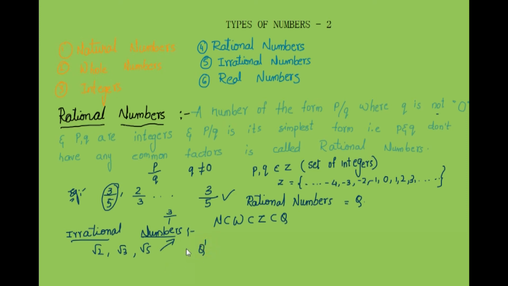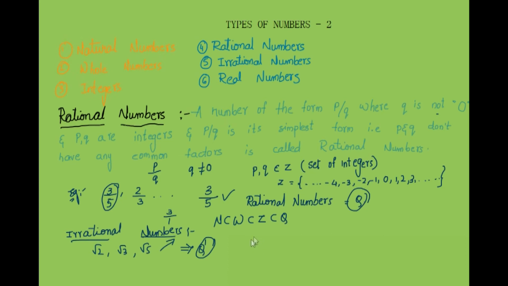Irrational numbers are represented as Q dash. The rational numbers are represented by Q and irrational numbers are represented by Q dash.